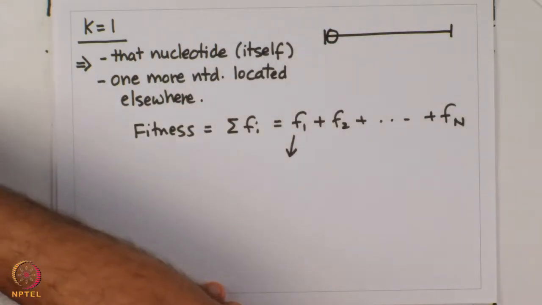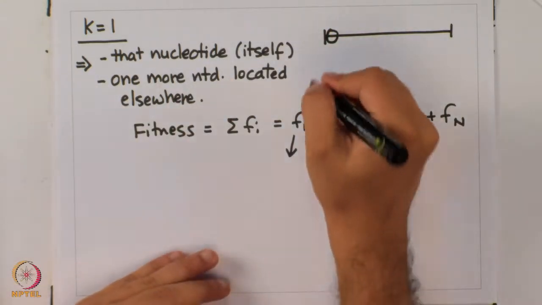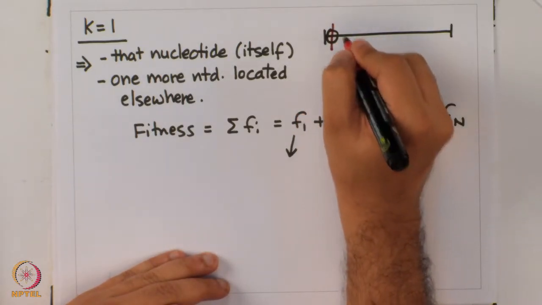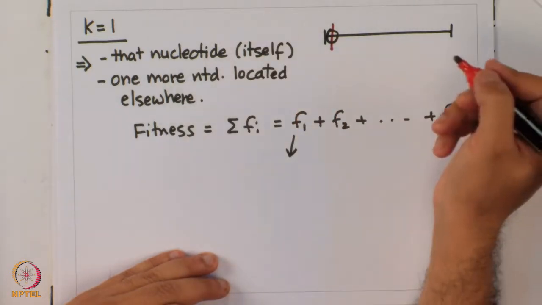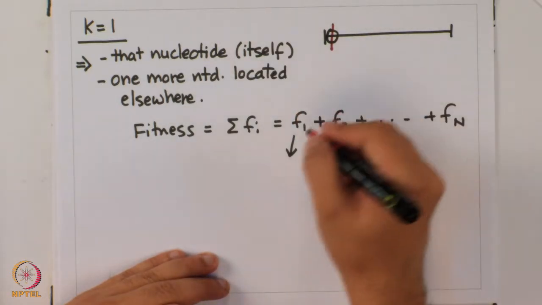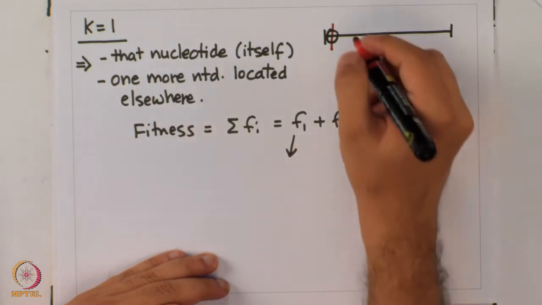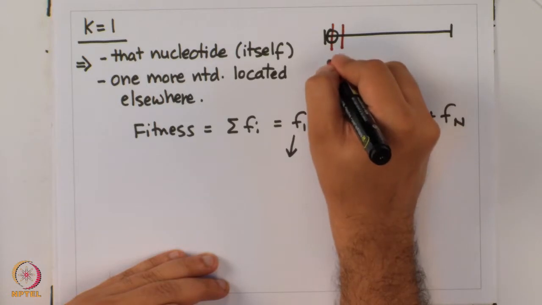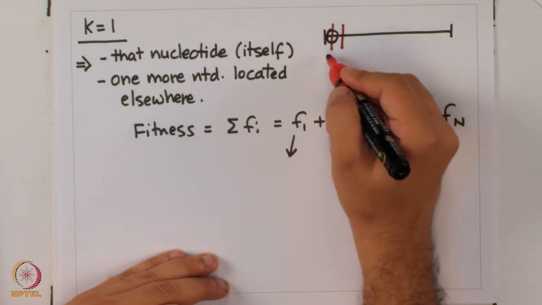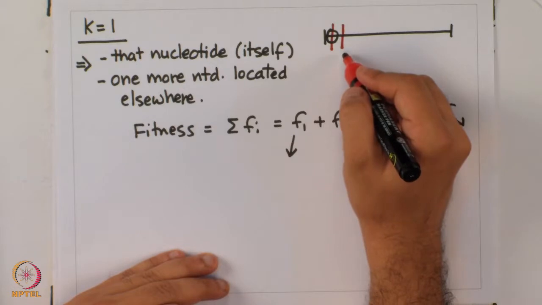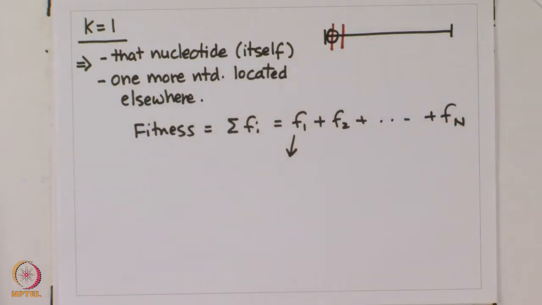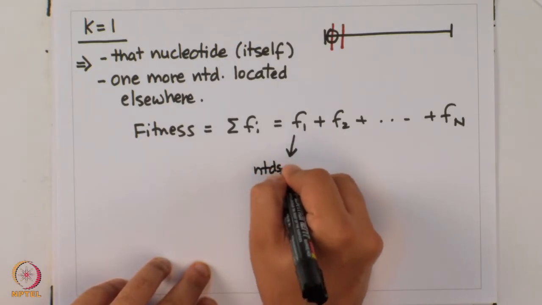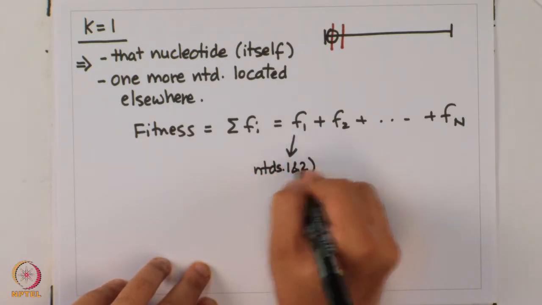For the sake of simplicity, I will define that the F1 contribution is dependent on what is present on position number 1, and that second position elsewhere on the chromosome is just the neighboring nucleotide. So, F1 is dependent on nucleotide 1 and nucleotide 2. So, F1 is a function of nucleotides 1 and 2.